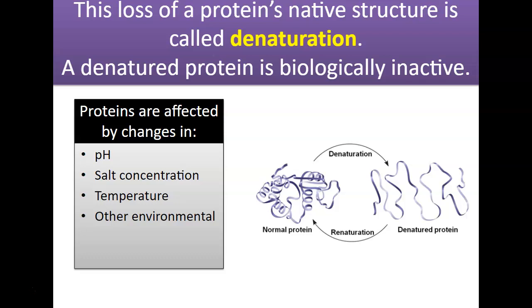Different ones inside our body are meant to work best at body temperature, or the ones in our stomach are meant to be at the acidic pH of our stomach versus the slightly basic pH of our intestines. They have a happy, optimal level. And when you start to go outside of that, then you start messing with the proteins so they don't work anymore. And if they're not structured appropriately, they're not functioning appropriately.